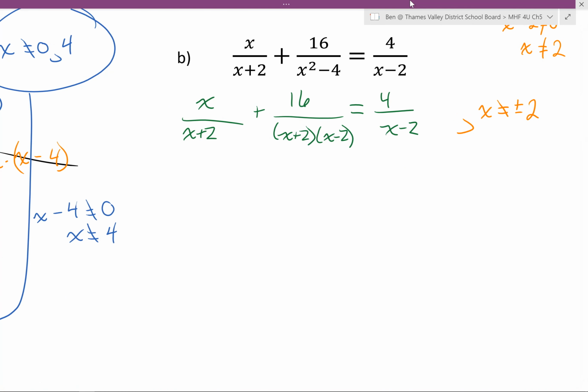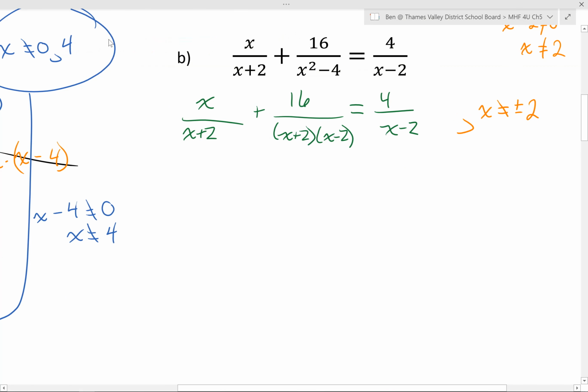All right, I've stated my restrictions. As I move forward, I'm trying to give everything the common denominator. So I'm multiplying my right-hand side, 4 over x minus 2, by x plus 2 divided by x plus 2.